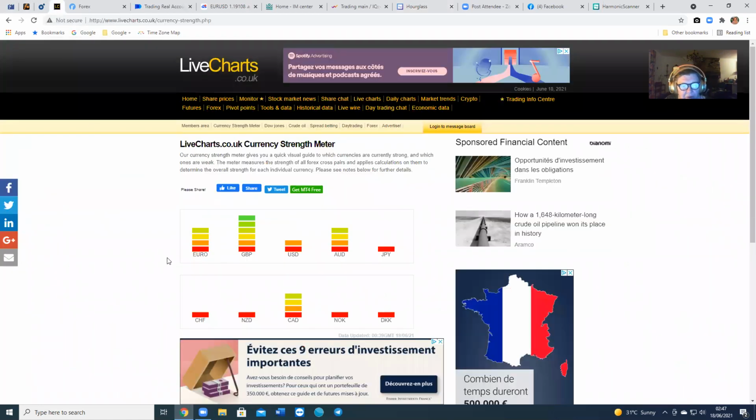So let's look at our currency strength meter. Keep yourself focused. You still want to be buying Euro, GBP and Australian dollar against the Japanese yen. US dollar and JPY are very similar now.